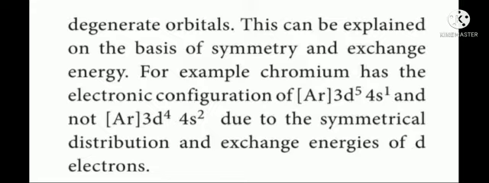The actual configuration is [Ar] 3d5 4s1. The actual configuration is due to the symmetrical distribution and exchange energies of d electrons. Here, the 3d orbital and the 4s orbital have symmetrical distribution. It is explained in this paragraph.